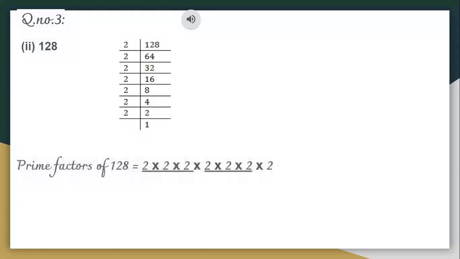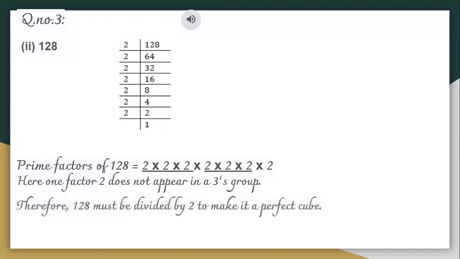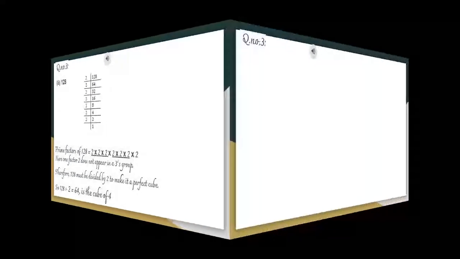So that one 2 we will divide 128 by. Here one factor 2 does not appear in a group of 3, isn't it? So therefore 128 must be divided by 2 to make it a perfect cube. So 128 divided by 2 is equal to 64. 64 is the cube of 4. Clear?